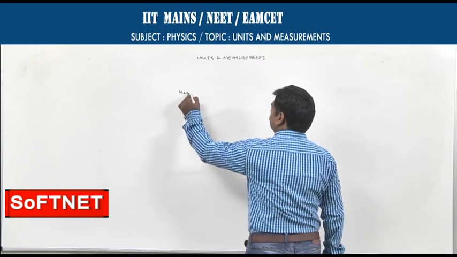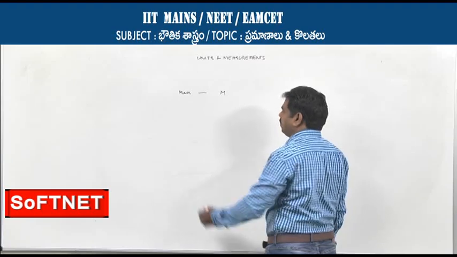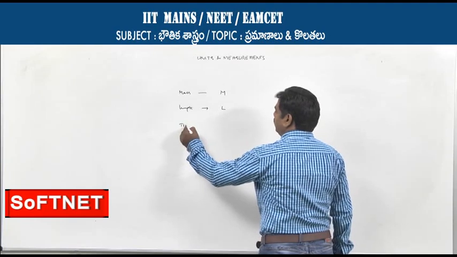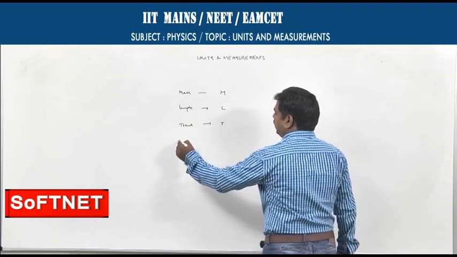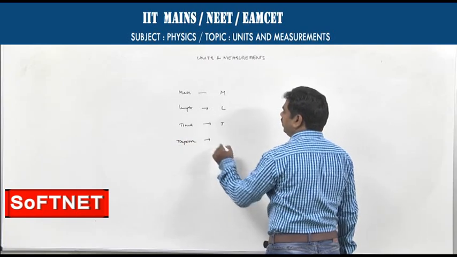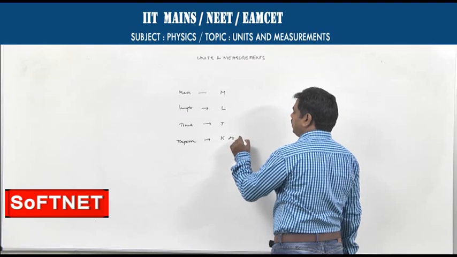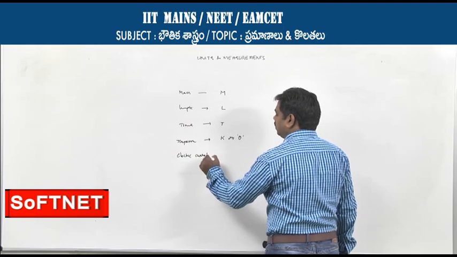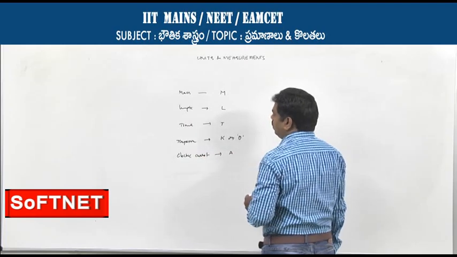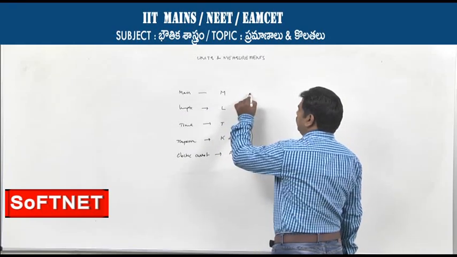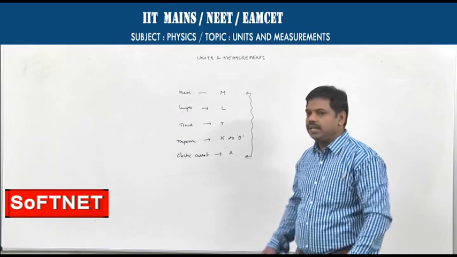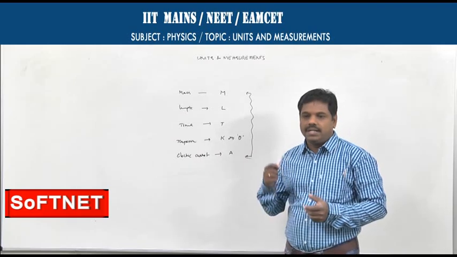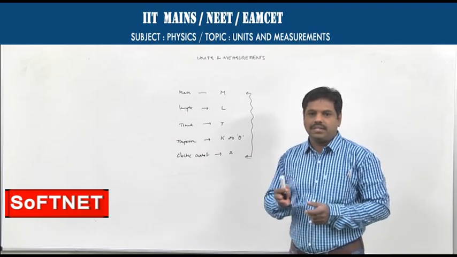For example, mass is represented with the symbol capital M, length with capital L, time with capital T, temperature with the symbol K or sometimes theta, electric current with the symbol A. Once you know all these symbols for the fundamental physical quantities, we can easily obtain the dimensional formula of different physical quantities. Let us write the dimensional formula of some physical quantities.